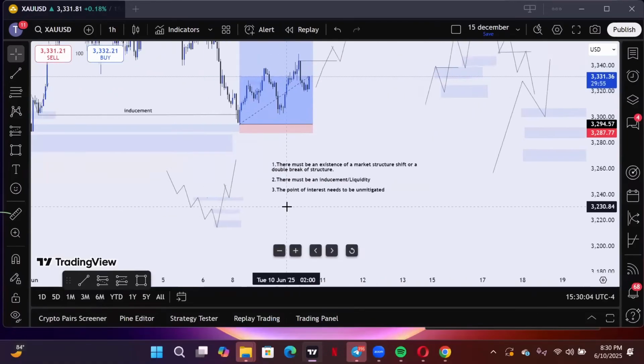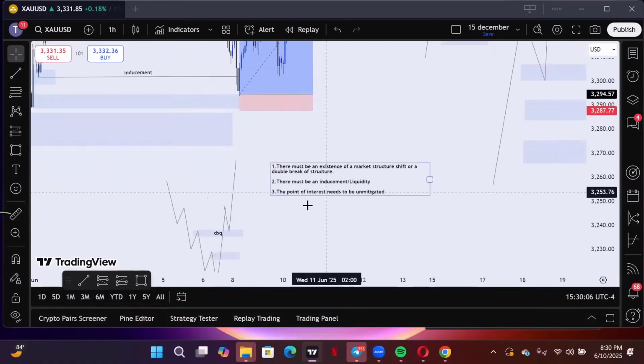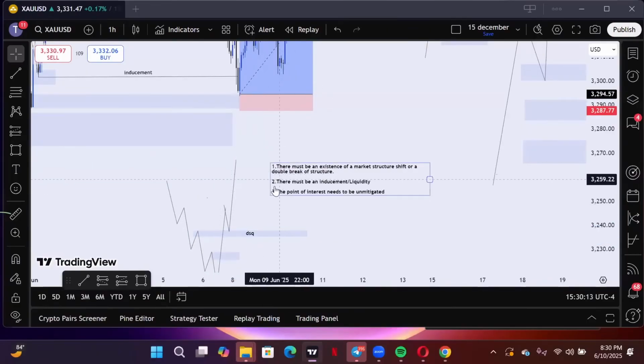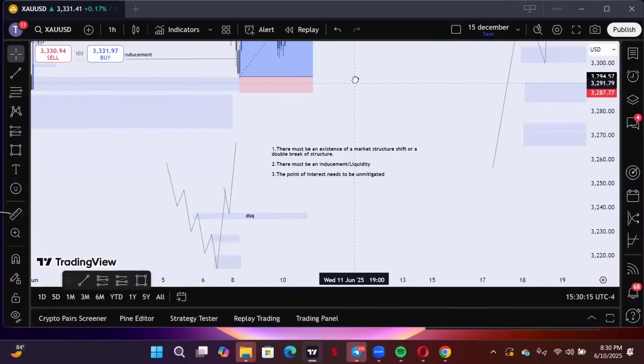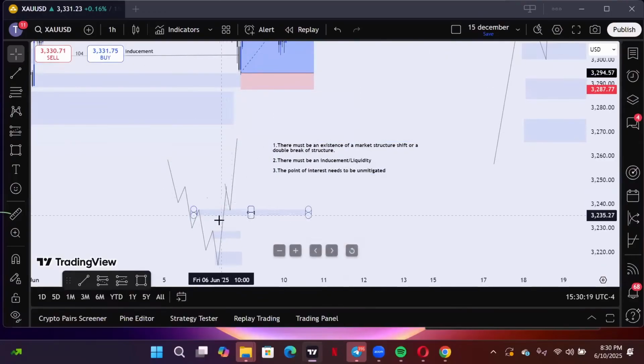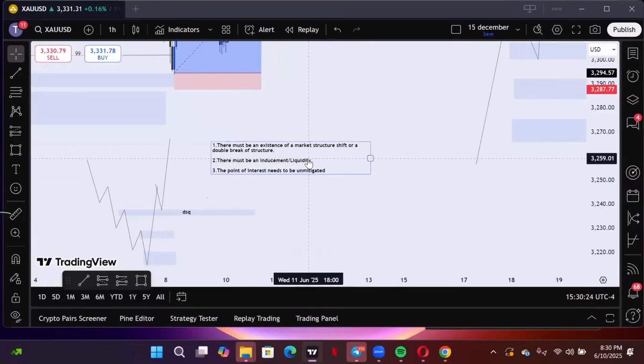You understand? So yes, you have to follow these rules correctly. Any POI that does not match any of these rules, you disqualify them. So the first rule says there must be an existence of a market structure shift or a double break of structure. So we got that when we got the structure shifts here to the upside. Second rule, there must be an inducement or liquidity.